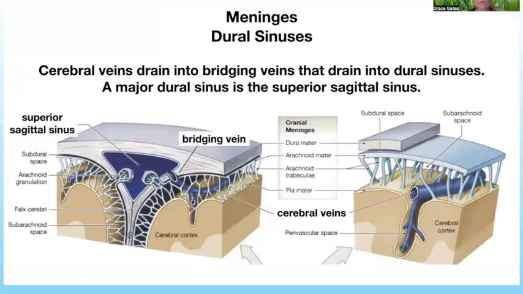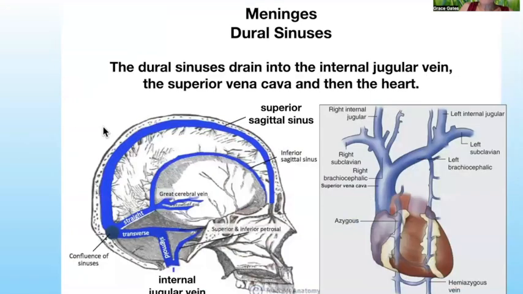Okay, a bit on the dural sinuses. Cerebral veins drain into bridging veins that drain into dural sinuses. A major dural sinus is the superior sagittal sinus. And here's a picture of the dural sinuses.